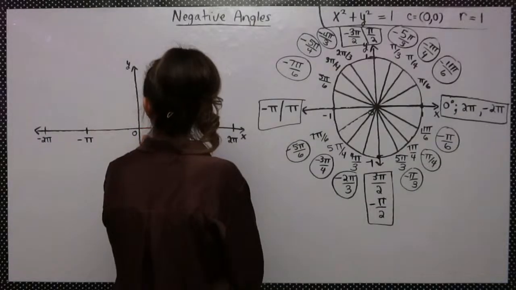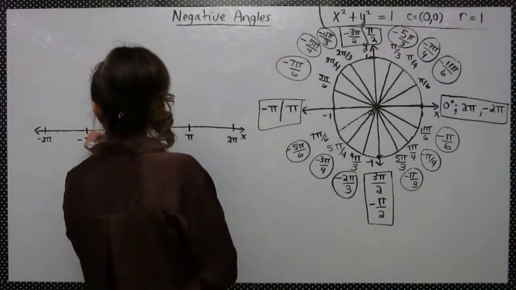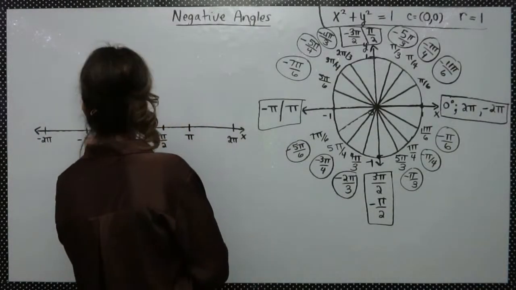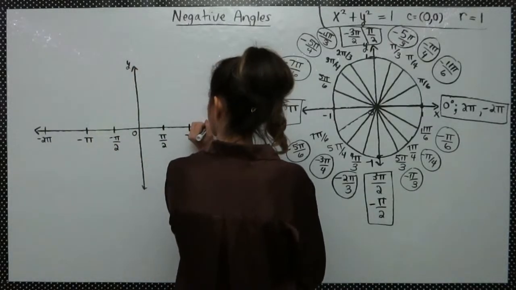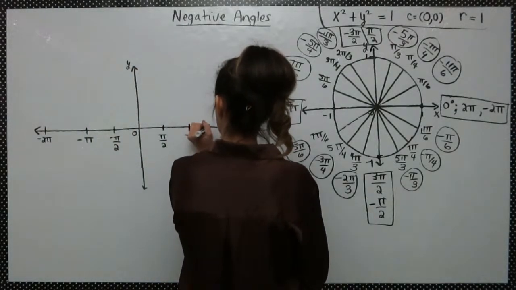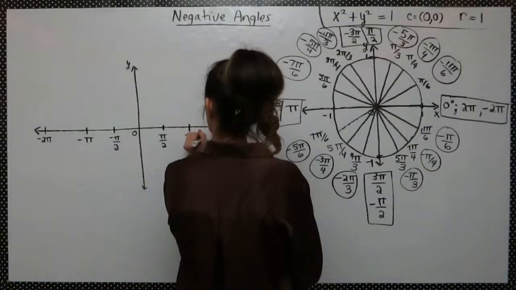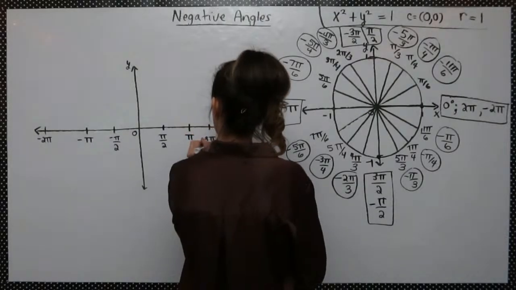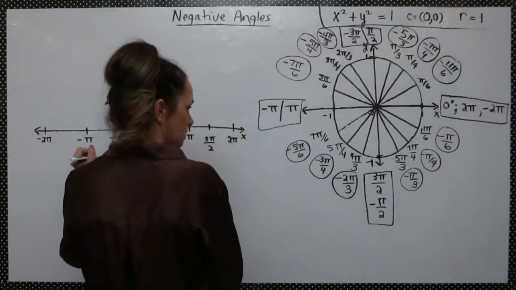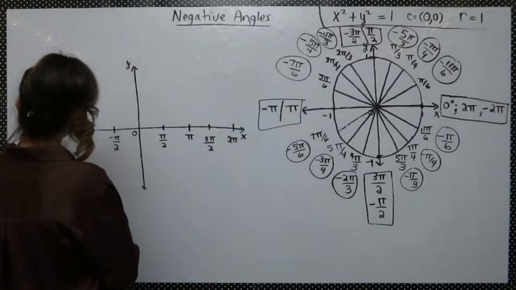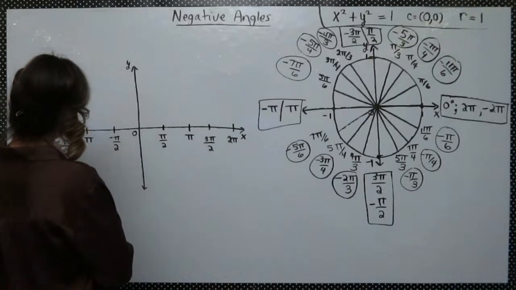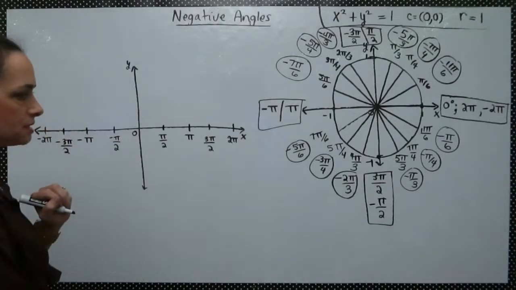So this is pi over 2, negative pi over 2, and this is 3 pi over 2, and then this one would be negative 3 pi over 2. So it's a symmetrical graph.